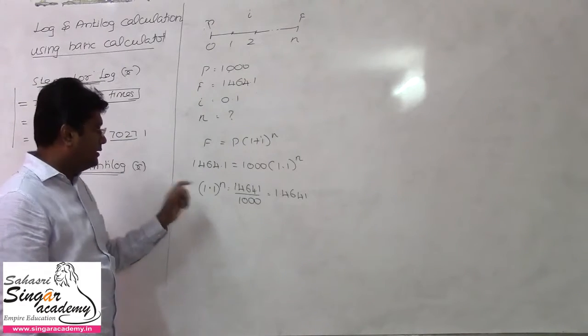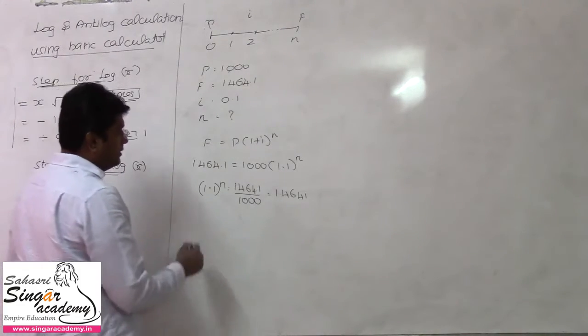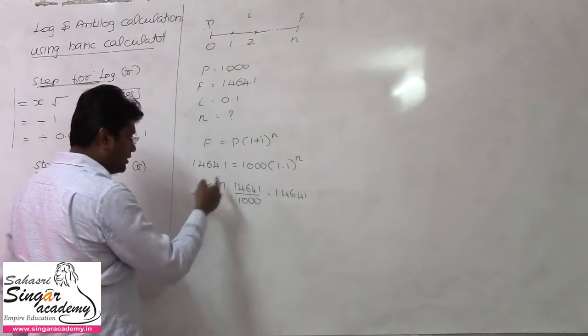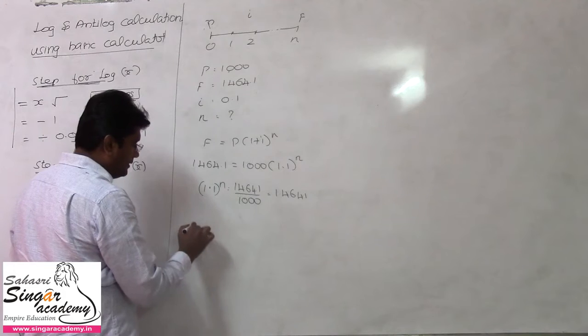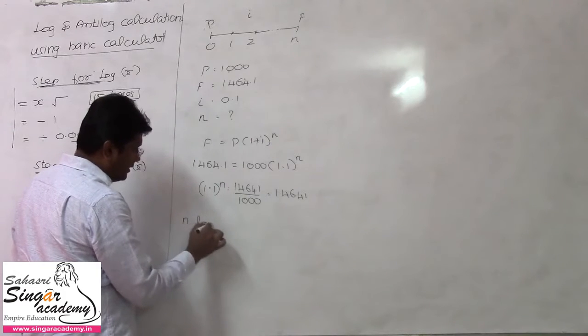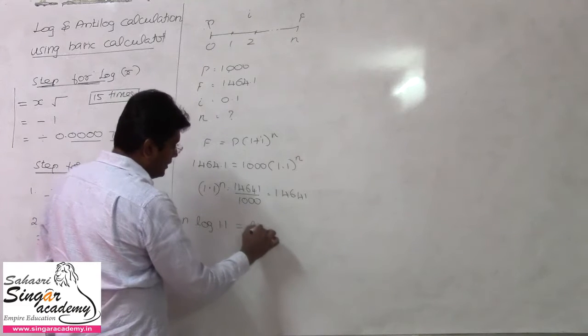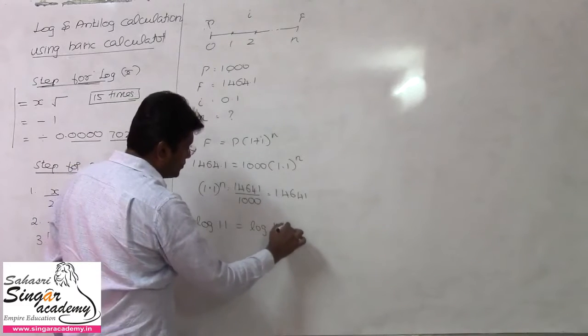What can you do now? You can take log. Power becomes multiplication. Right? So if you take log of 1.1 to the power n, then n into log of 1.1 is equal to log of 1.4641.